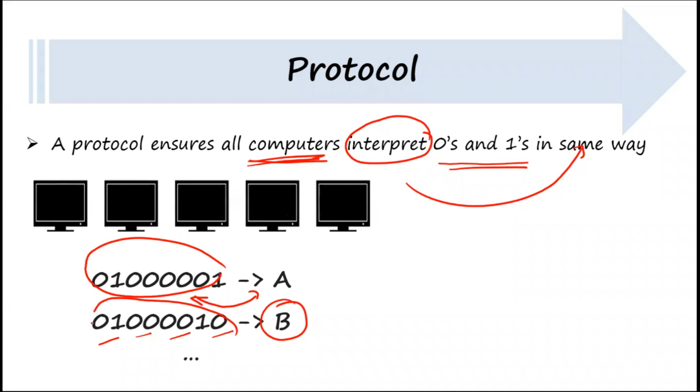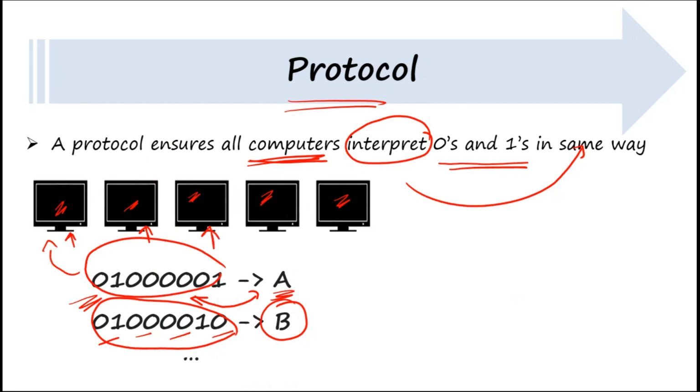Similarly, the letter B is converted into a bunch of zeros and ones. This is understood by each computer. So the protocol ensures that every computer out there follows the same set of rules, so that when this information is converted into binary, and when it reaches this computer or this computer or this computer, it is always interpreted as the same information for us.